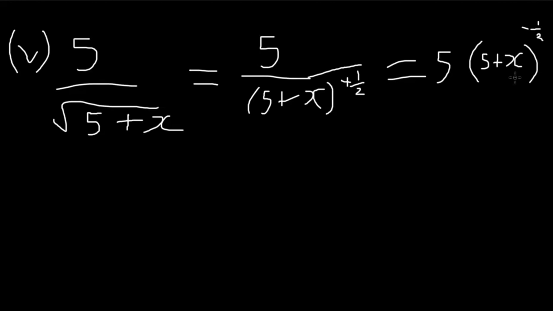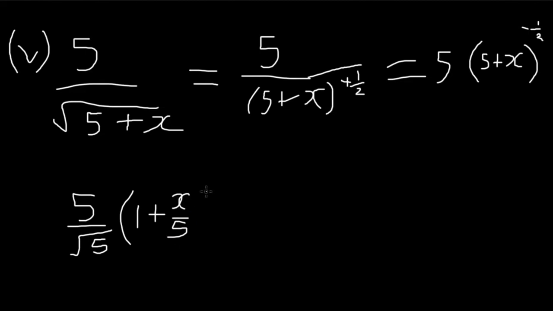is 5 over root 5, which is 5 over the root of 5. Then you open brackets, 5 over the root of 5, you open brackets, 1 plus x over 5, plus x over 5.